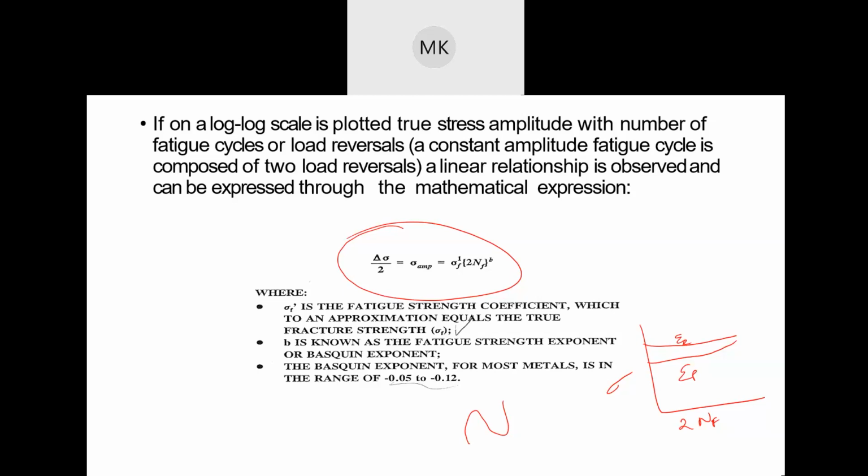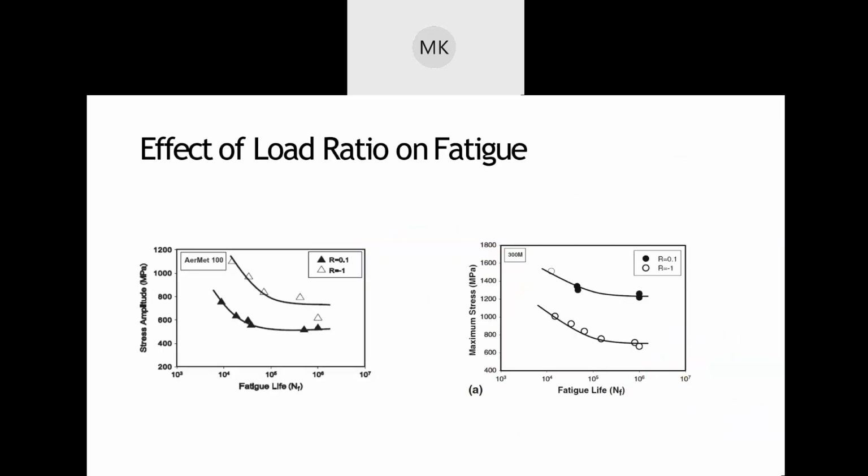This is generally what is done for finding out the Basquin equations. Basquin equation, Coffin-Manson equation, all those things start with the Basquin exponent that you can find over here. For most metals, it is between 0.05 to 0.12. So we'll talk about it in more detail later, but it's just one example of how mathematically we can explain the curves that happen in fatigue.